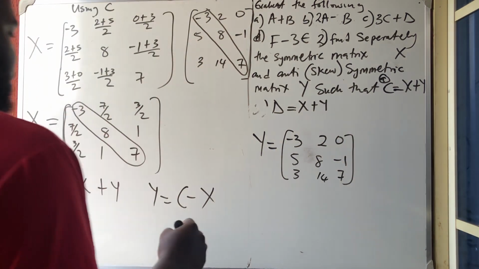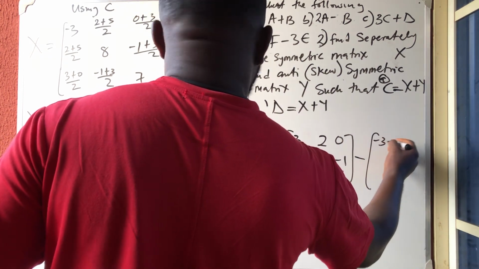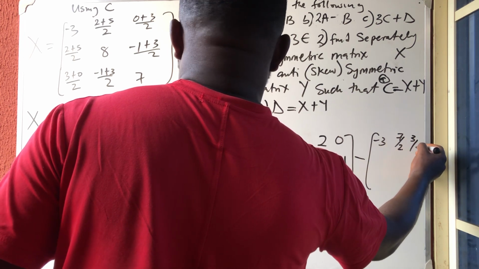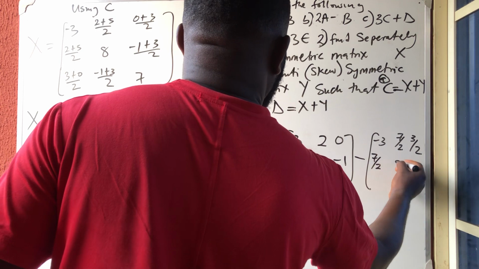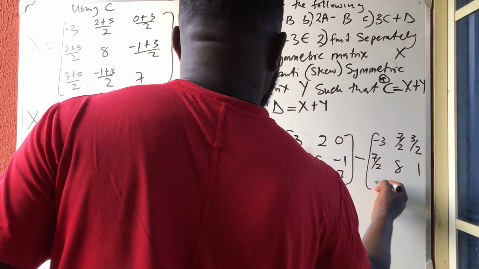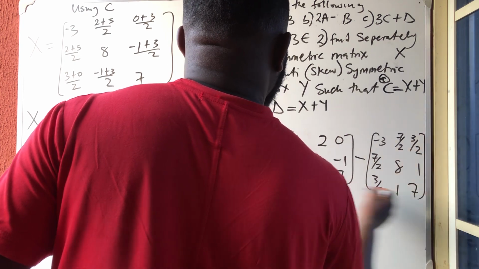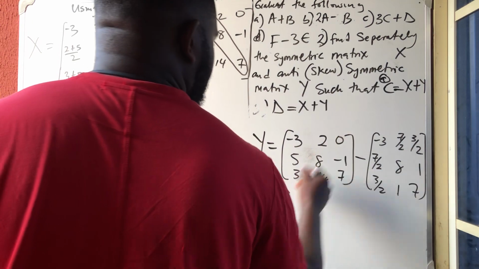Okay, then minus my x, which is 3, 7 over 2, 3 over 2; 7 over 2, 8, 1; 3 over 2, 1, 7. Okay, so let us subtract this minus this.